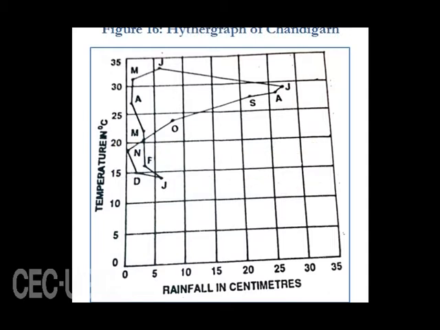Hydrograph. Another type of climograph is called hydrograph, where mean monthly temperature is plotted against monthly rainfall. This is similarly drawn as a 12-sided polygon, just as a climograph. Temperature is shown along the y-axis and the rainfall along the x-axis. The data is plotted month-wise.